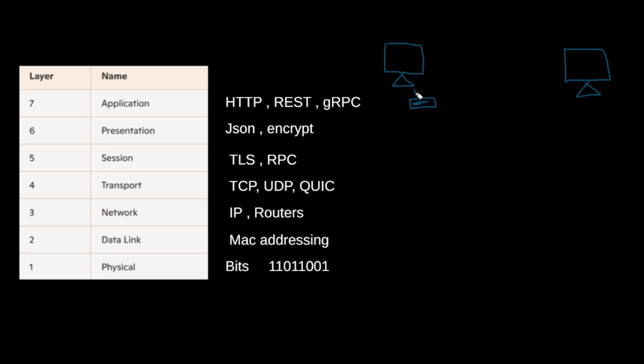Suppose you have something like "hi" here. It will encode the data into something like 101, and coming to here, it will have the HTTP header.